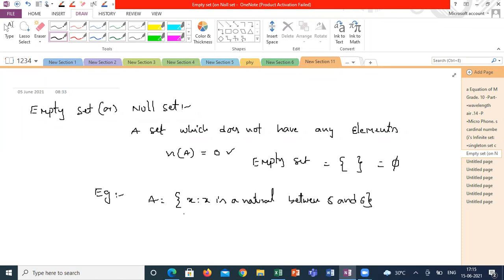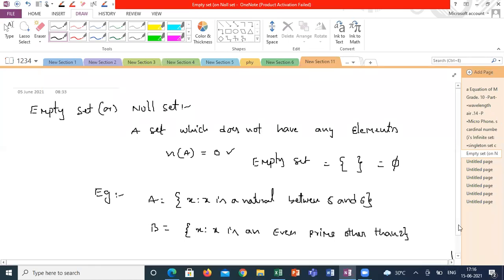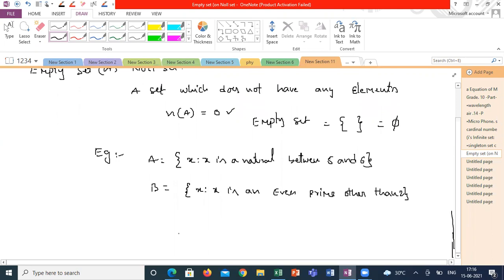Even prime number other than 2. Yes, x such that x is an even prime other than 2. Sir, x is an odd number divisible by 2. Correct. X is an odd number divisible by 2. Super. X such that x is an odd number divisible by 2.